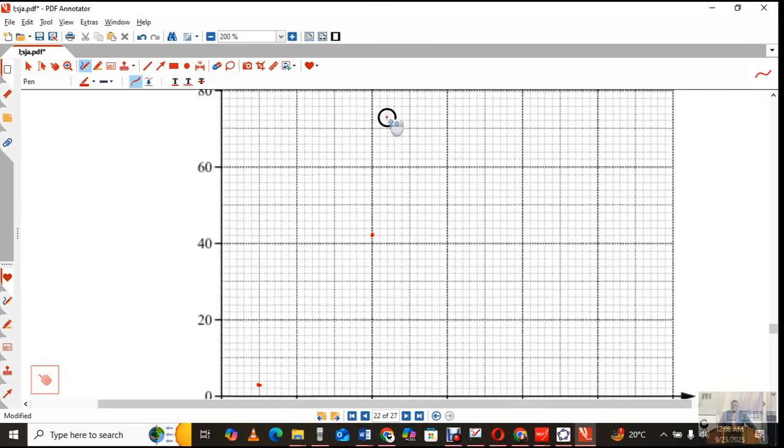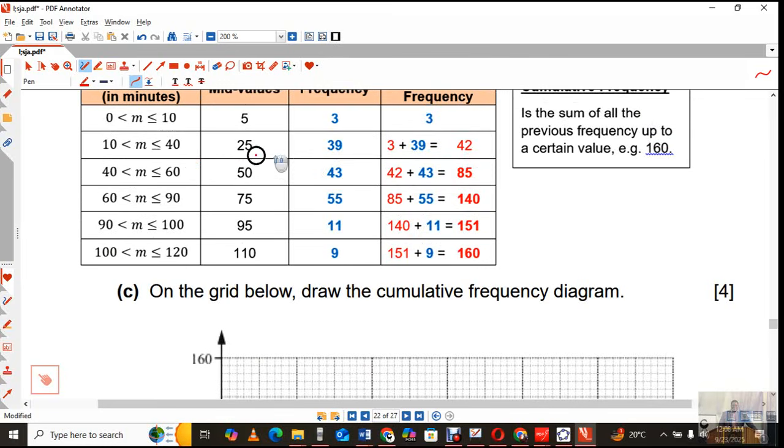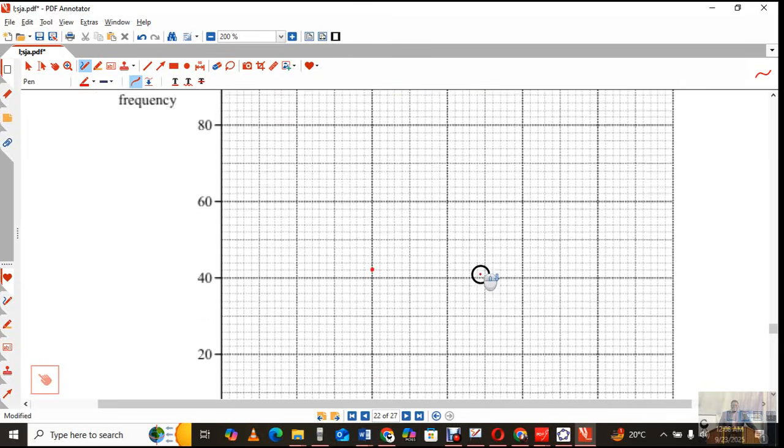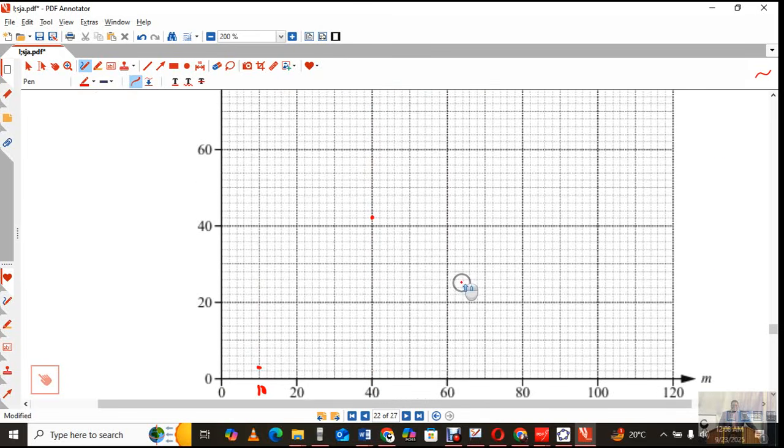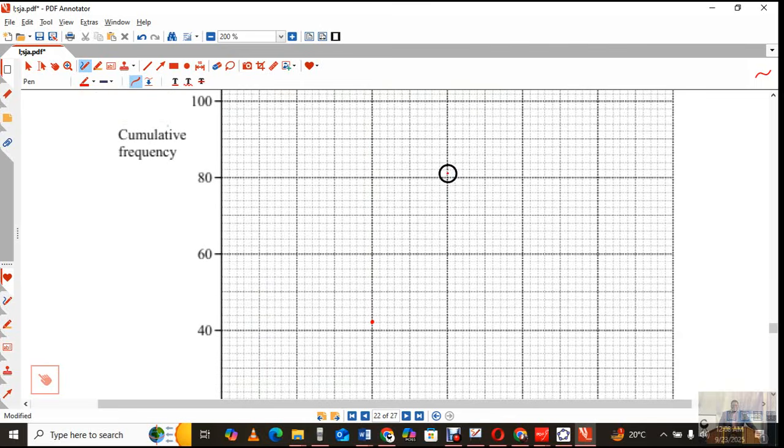Then the next class interval is going to 60. I'm going to go to 85. So on my 60, I'm going to go to 85. That's 82, 84. Because each block is 2, 85 is somewhere there.